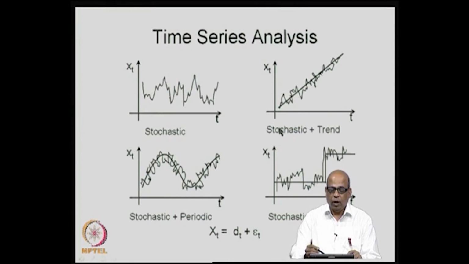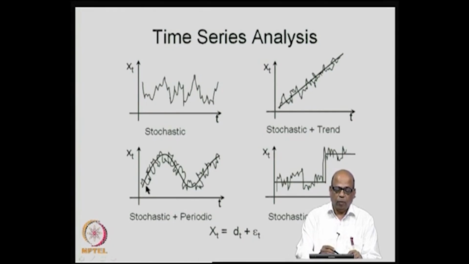But you may also have a trend in the data around which the values are fluctuating. If you look at, for example, the global average temperatures over the last few years, last 30 years or some such thing, there is an increasing trend of the temperature values. So, this indicates the trend line and then around which there is a random fluctuation. So, the deterministic component in this particular case is the trend.